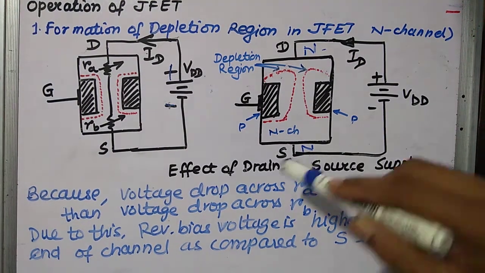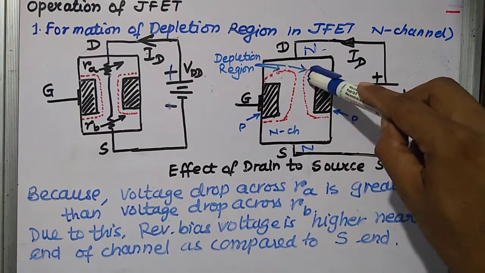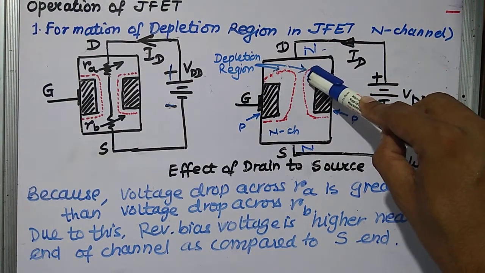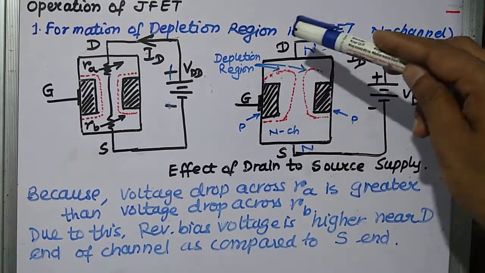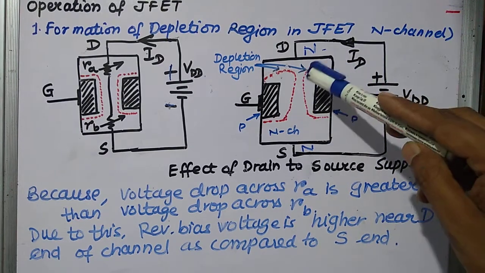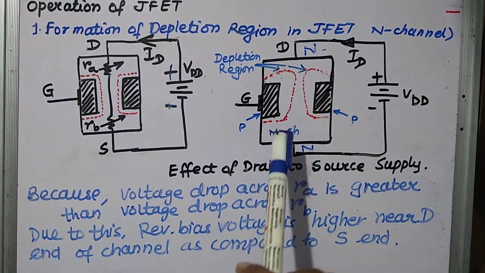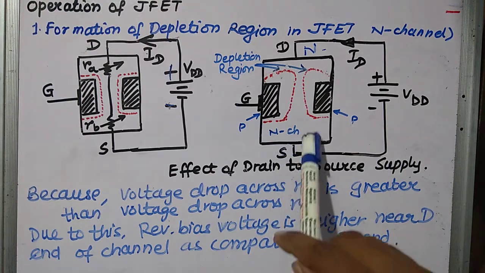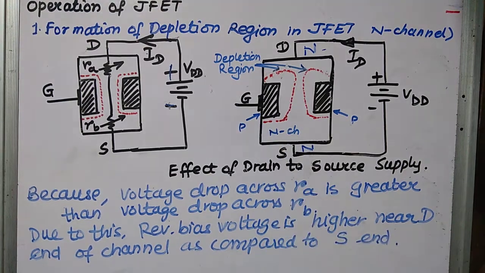And in this way, the width of the depletion region is more towards the drain end of the channel as compared to the source end of the N channel.